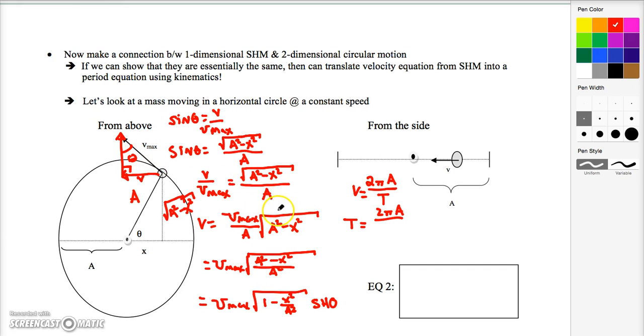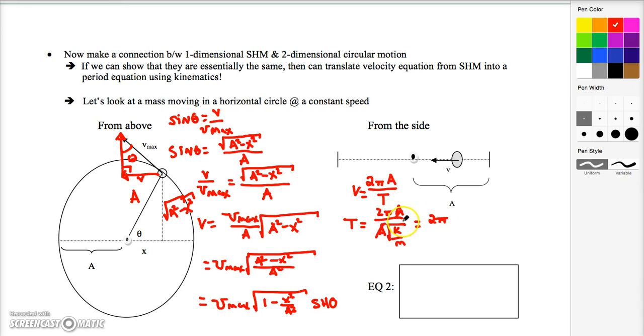And we saw from the previous page that the maximum speed is a times radical k over m. So this is from the previous page, we did v max a times radical k over m. So the a's cancel out, and I'm left with 2 pi. And what I'm going to do is flip this.